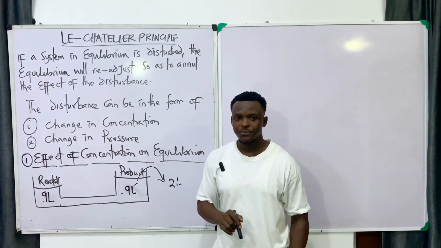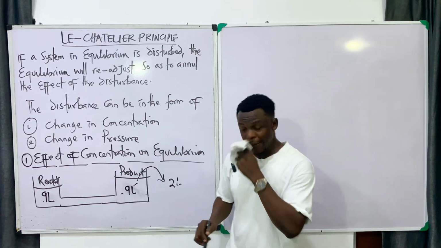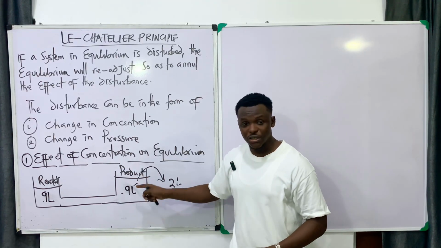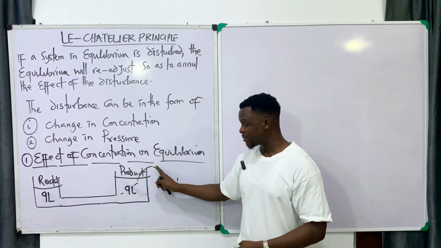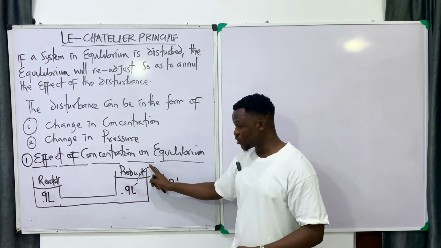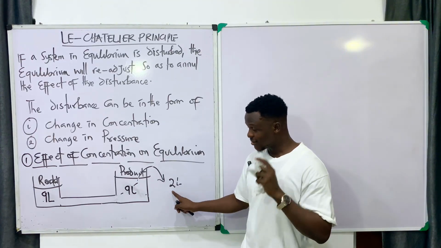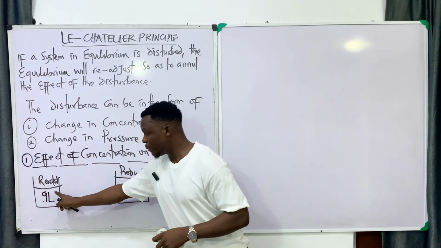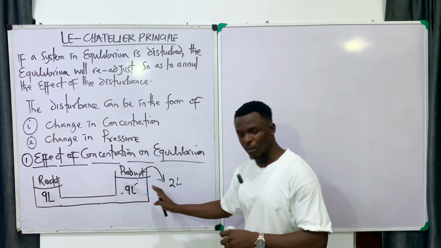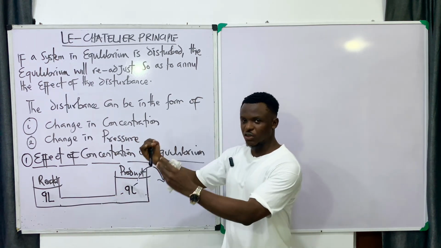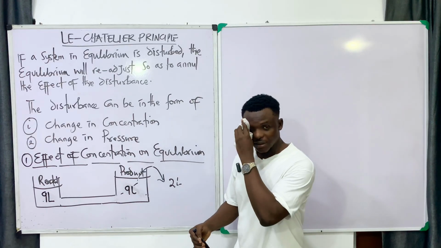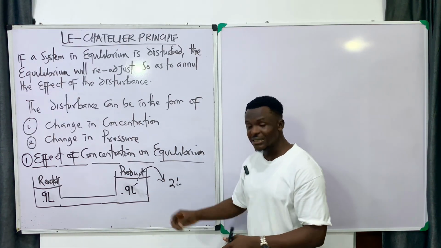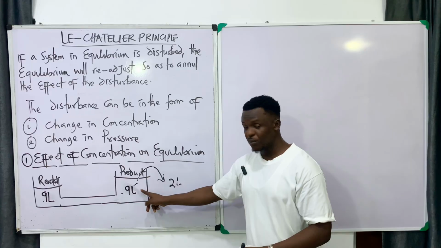In other words, if you decrease the concentration of the product, equilibrium will move from left to right to annul the effect of that disturbance. So removing water from this product is equivalent to decreasing the concentration of the product.